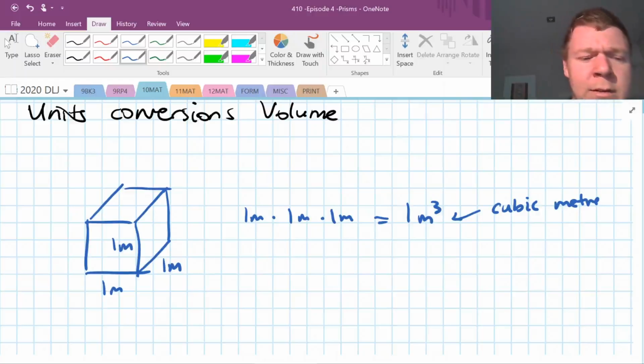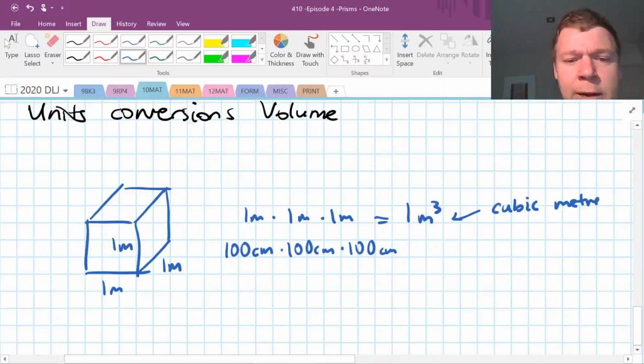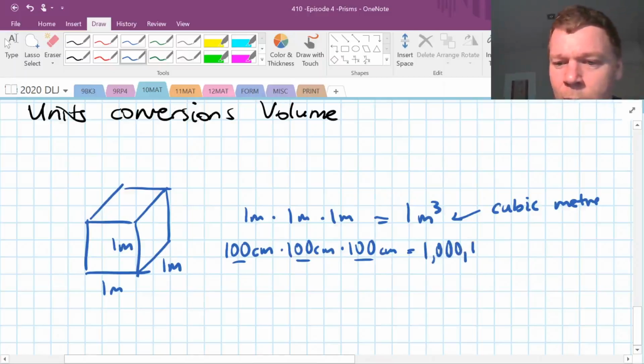Now 1 meter, if we wanted to think of that in centimeters, is 100 centimeters times 100 centimeters times 100 centimeters, right? So this is the same box, but we're using centimeters to measure each side now. So we've got 6 zeros now. So 1 cubic meter is equal to 1 million cubic centimeters.